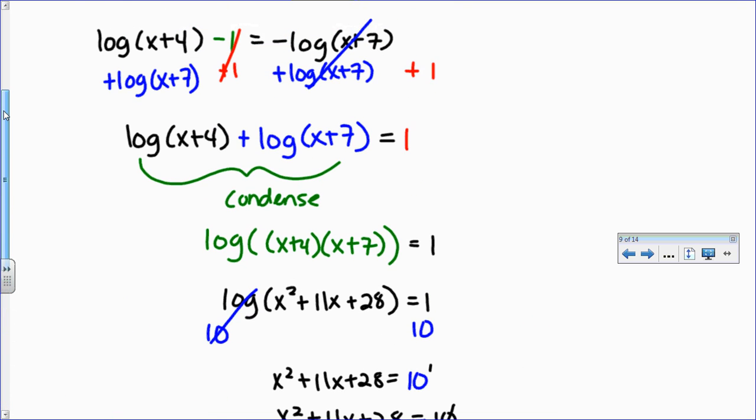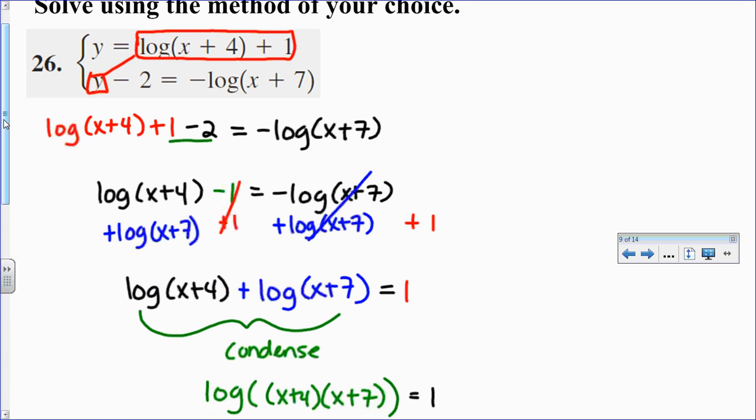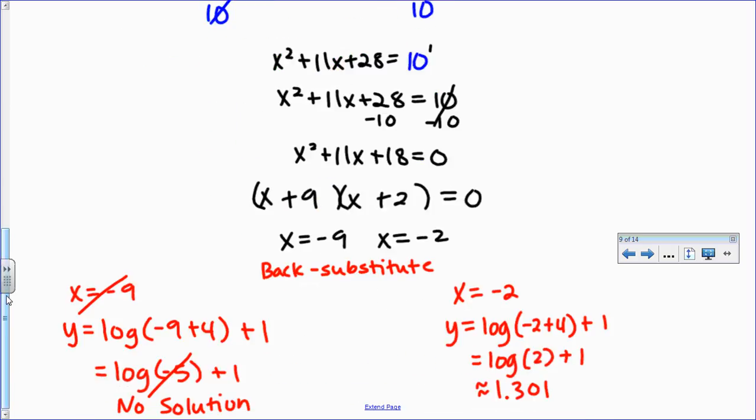Let's see if I plugged it in to the other one. And you get the same thing. It won't look the same because that one would have been log base 10 of 5, and then plus negative log base 10 of 5 plus 2. But their exact answers would not have looked the same, but their values would be the same still. Okay? So make sure you write that as an ordered pair.